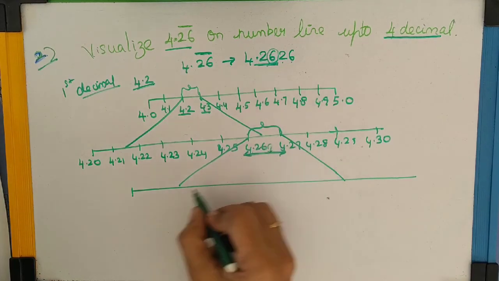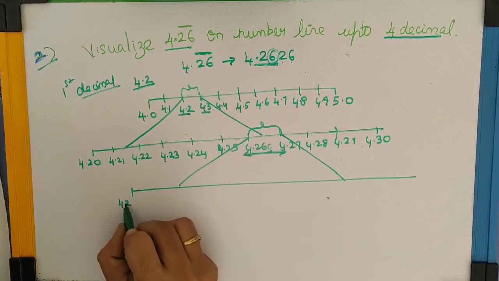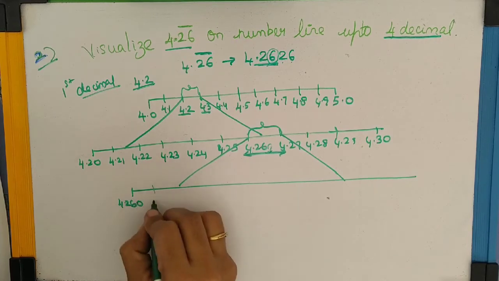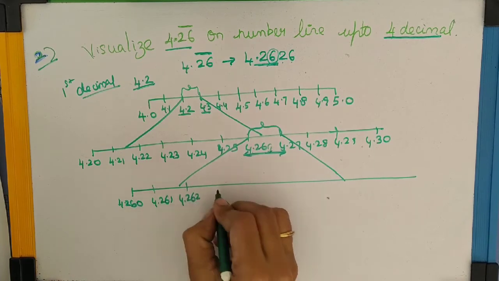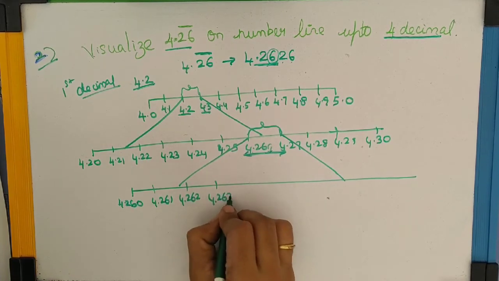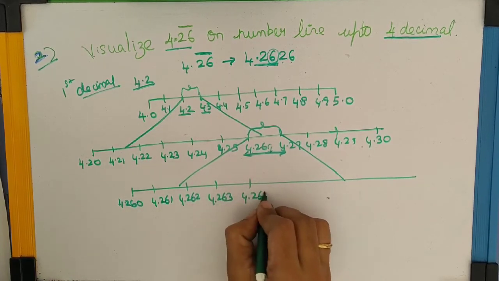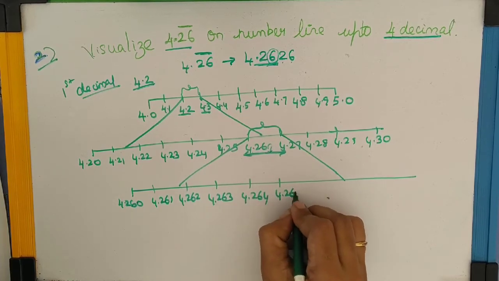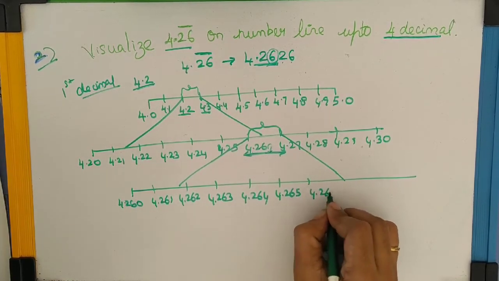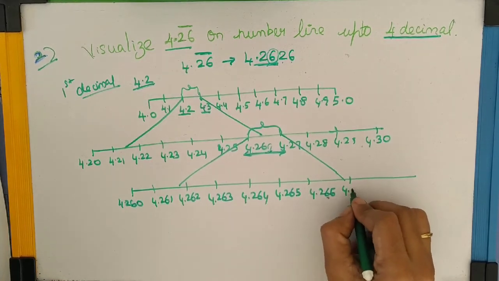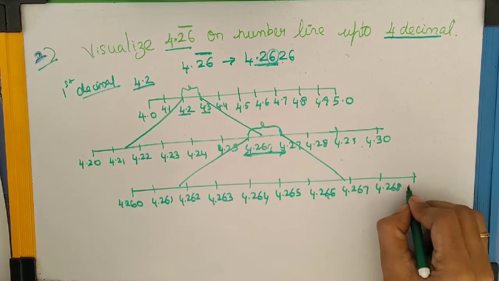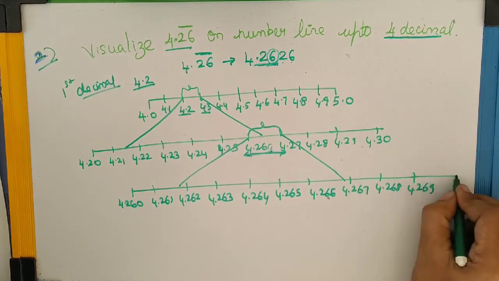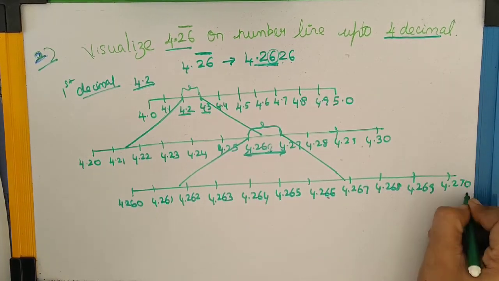We are magnifying 4.26 and 4.27. So we are adding the third decimal: 4.260, 4.261, 4.262, 4.263, 4.264, 4.265, 4.266, 4.267, 4.268, 4.269 and 4.27.